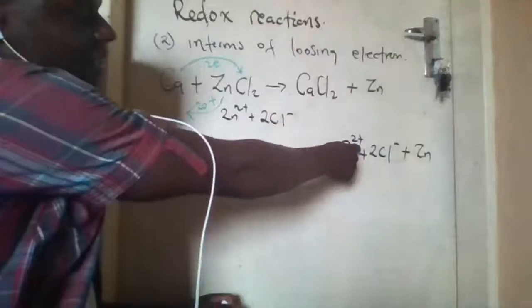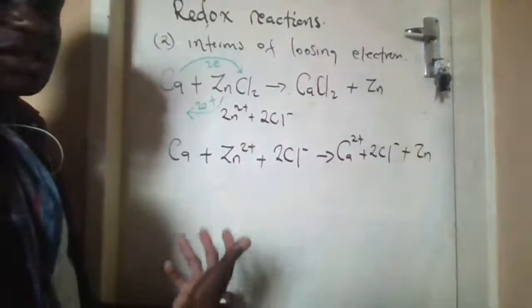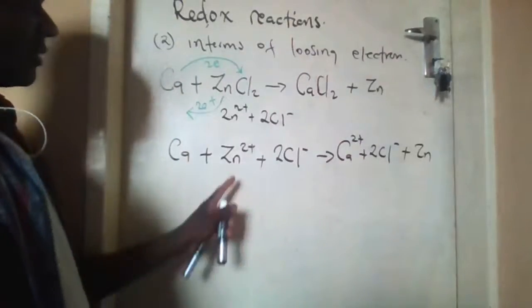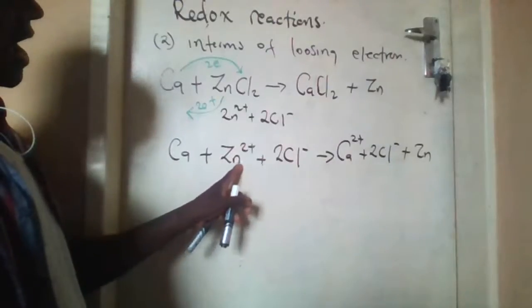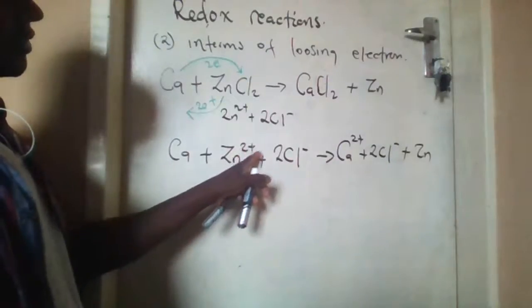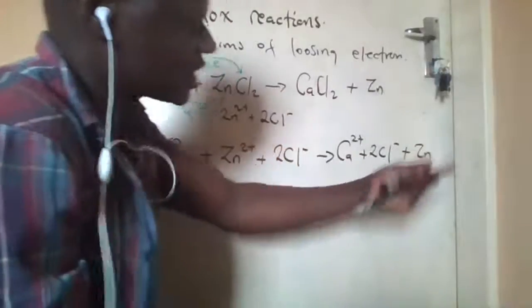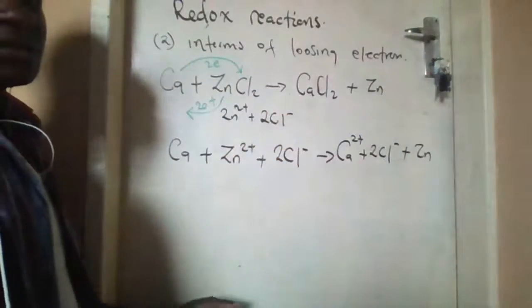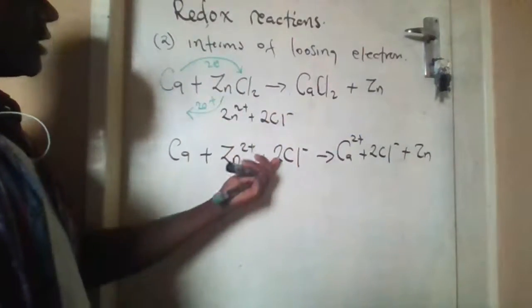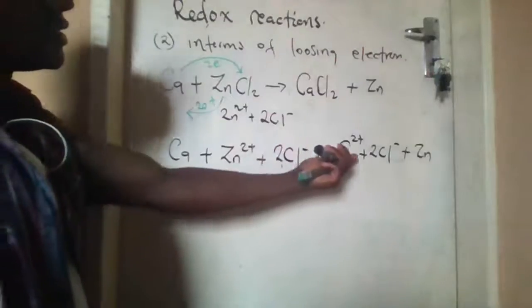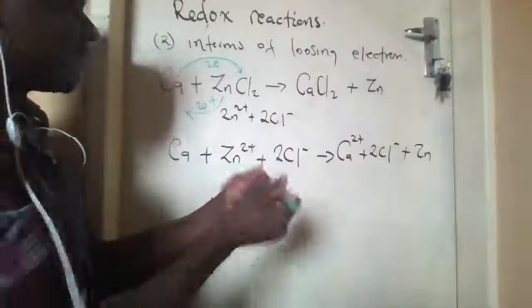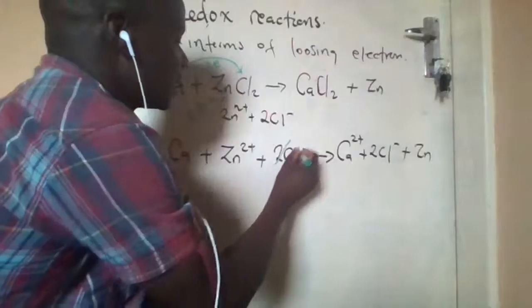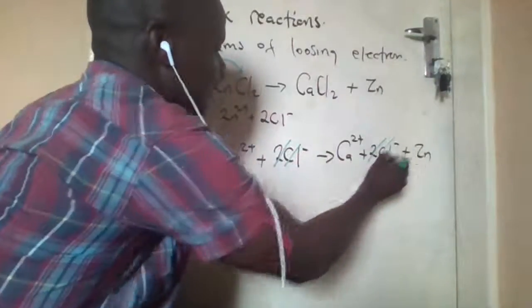Calcium has a charge there. So we cannot cancel it out because it's not a spectator ion. What about zinc? Zinc here, 2 plus. Zn, no charge. We can't cancel it out. It's not a spectator ion. 2Cl minus, 2Cl minus. Because of that, this is a spectator ion. The spectator has to go.